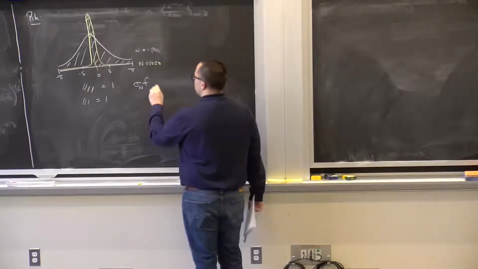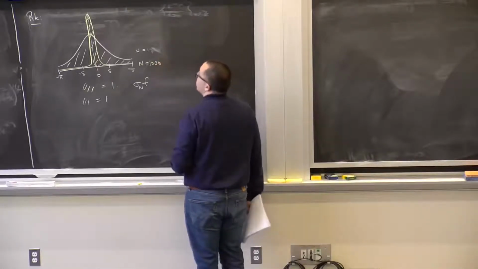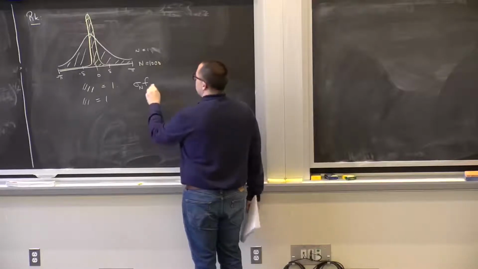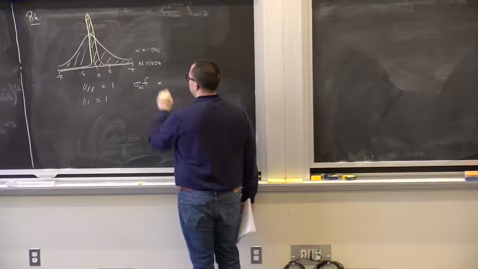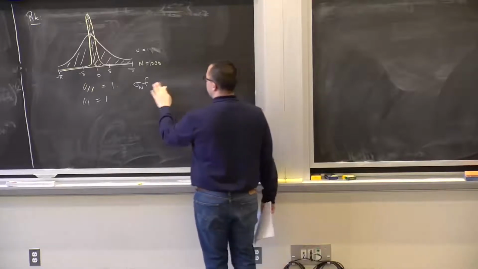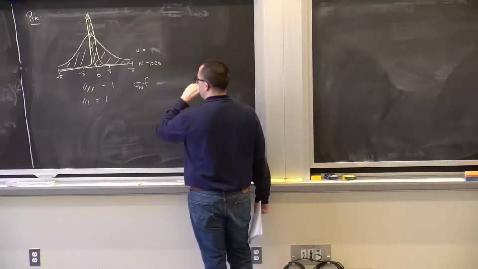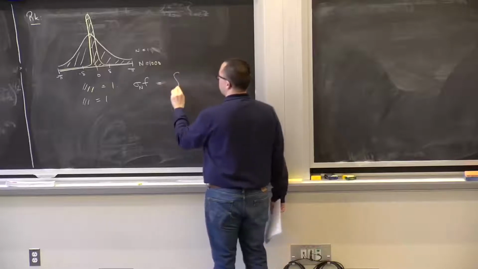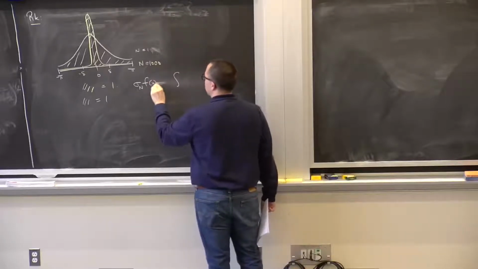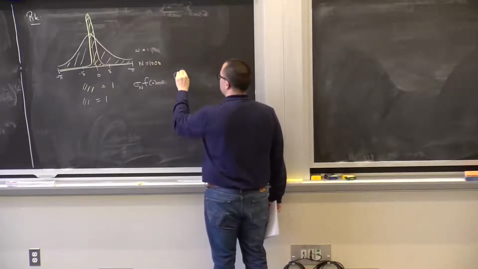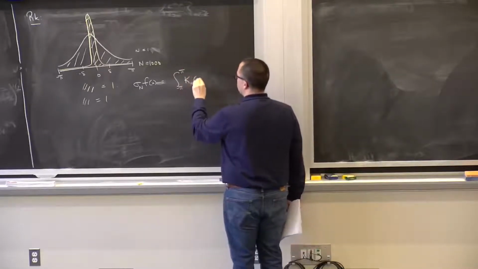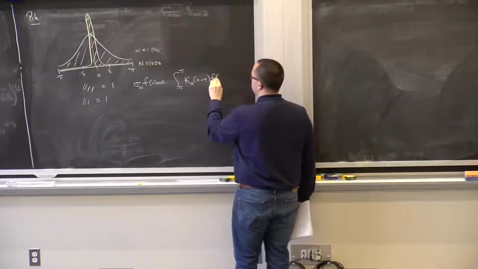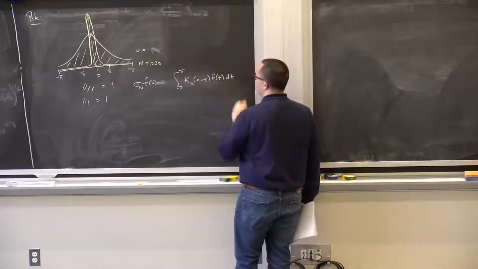So this means that sigma n of f is, remember, we're going to get in the end that this is equal to the integral of Kn of x minus t, f of t dt.